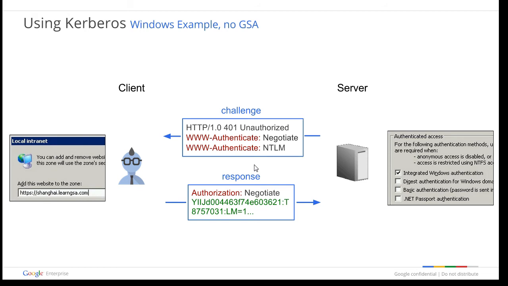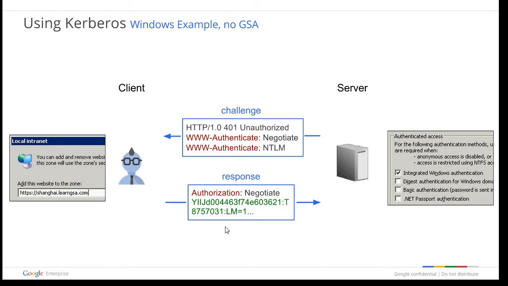Those tell the client that it should try to use Kerberos, but if that fails, use NTLM. If the client supports Kerberos, it'll send a second request that contains an authorization header. This header should contain the word Negotiate, followed by a long string of characters. Note the name-value pairs embedded within this string.